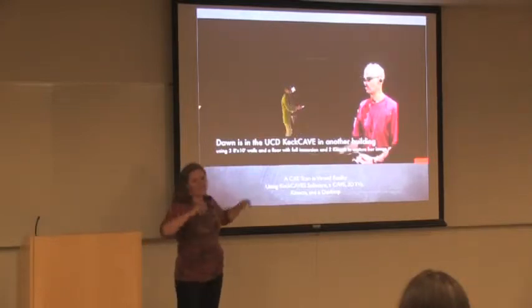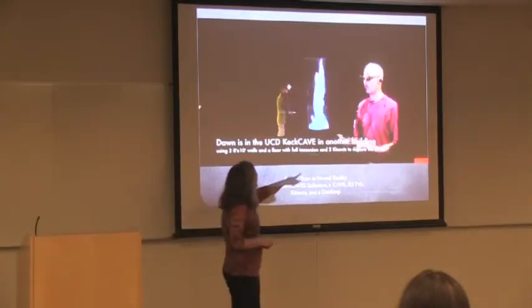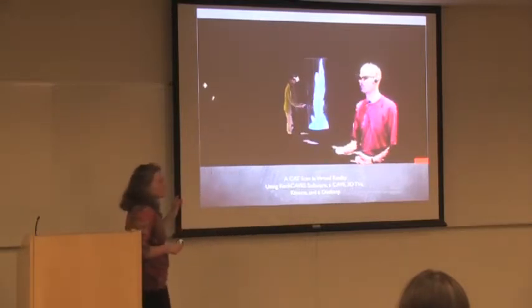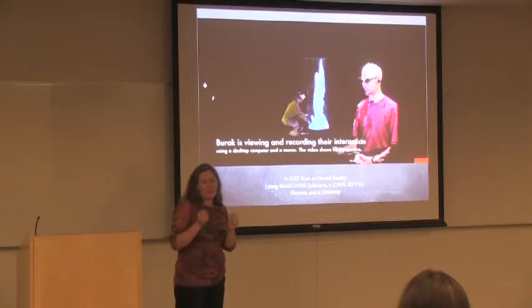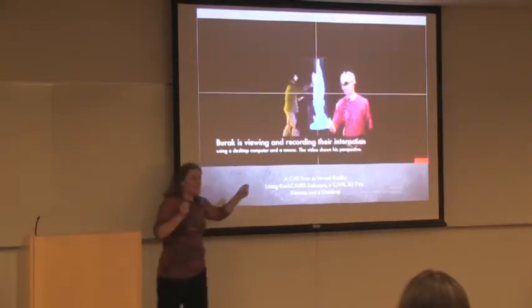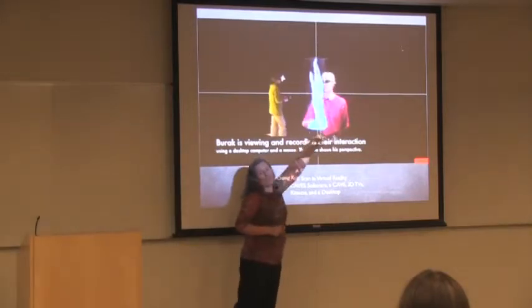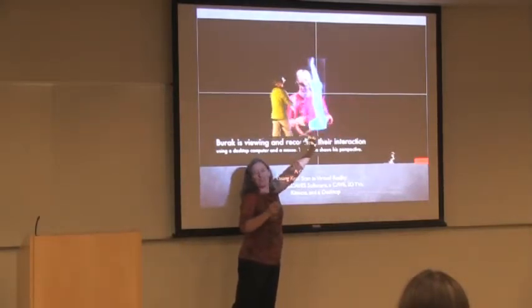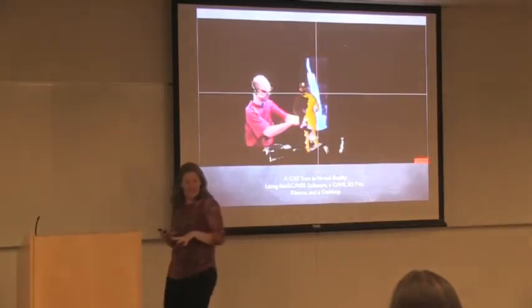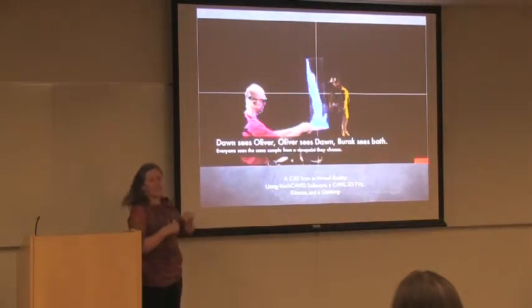I'm in the holodeck for scientists. Oliver's in front of a 3D TV. And Barack, a third person, is looking at us on a computer screen. And so we're physically in 3 separate places. And this is a virtual image of the sample that's stored in the computer. And the software merges us together in a way that we can interact.